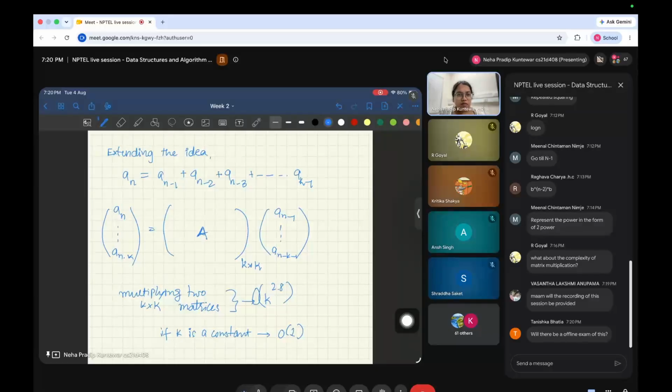As far as I know, the way the NPTEL exams work is that towards the end there will be one exam where you need to go to a center that's allotted to you. But if there is someone who has more clarity on this, please respond in the chat. Otherwise, you can ask this on the Q&A portal, because I'm not completely sure, but to the best of my knowledge, I think there will be an offline exam.